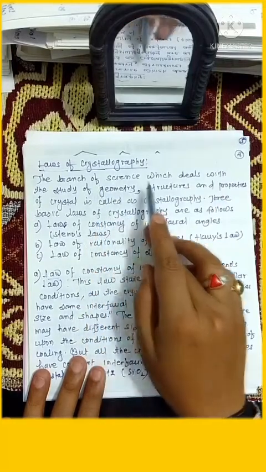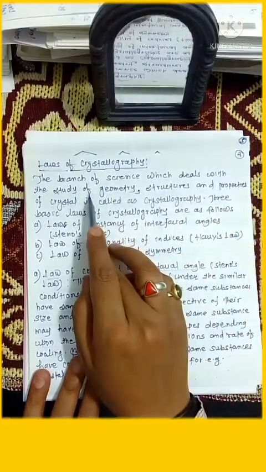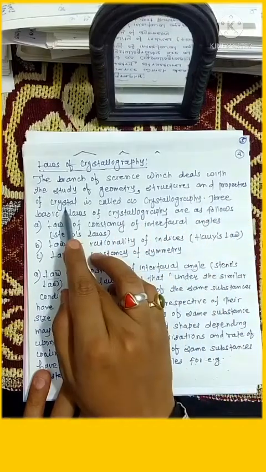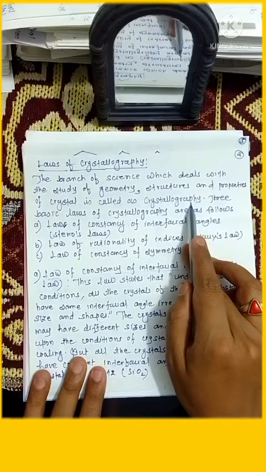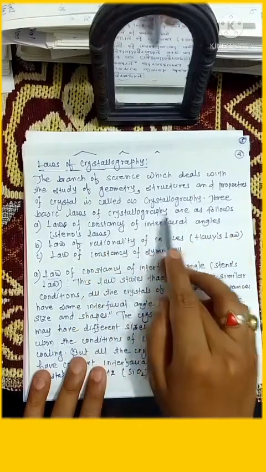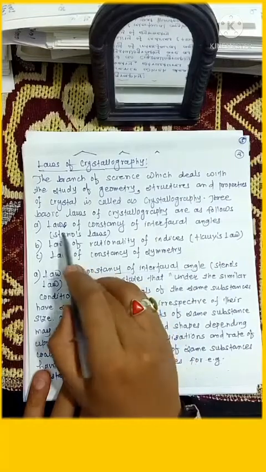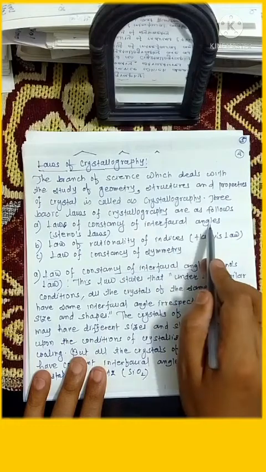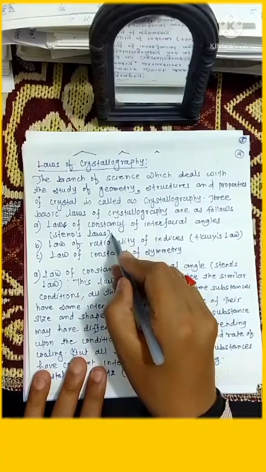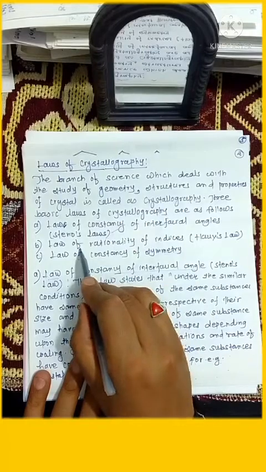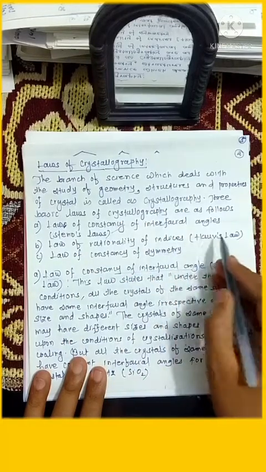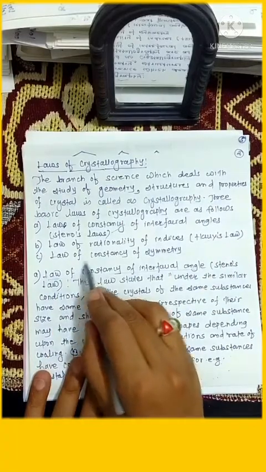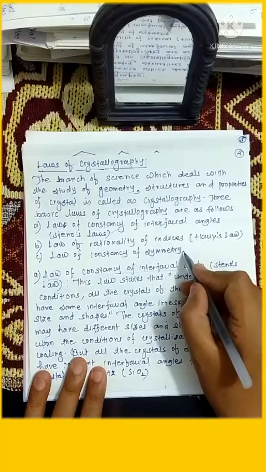It is the branch of science which deals with the study of geometry, structures and properties of crystals. The 3 basic laws of crystallography are the law of constancy of interfacial angles, also known as Steno's law; the law of rationality of indices, also known as Haüy's law; and the third one is the law of constancy of symmetry.